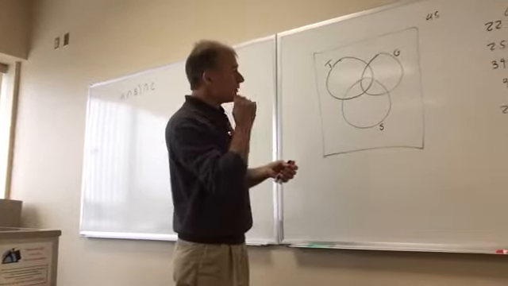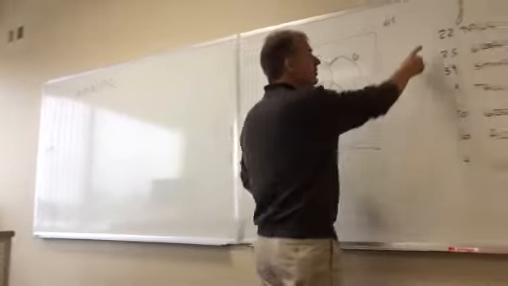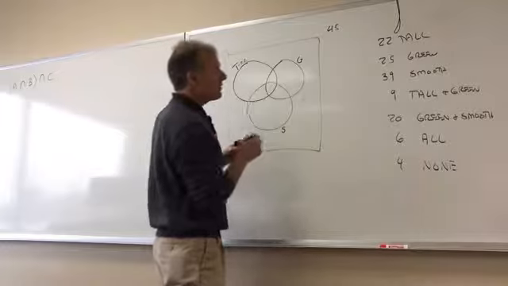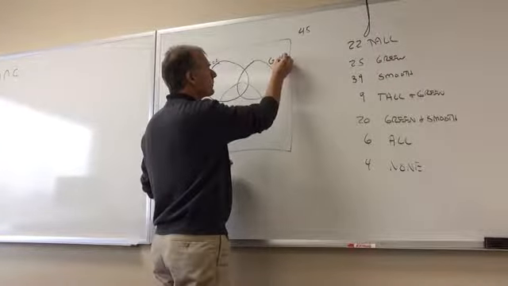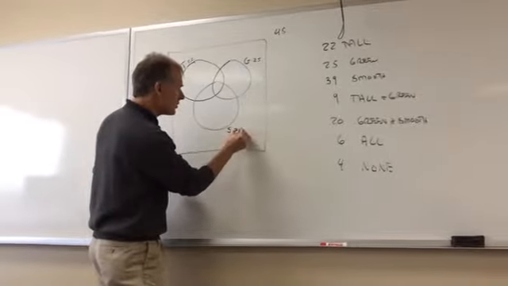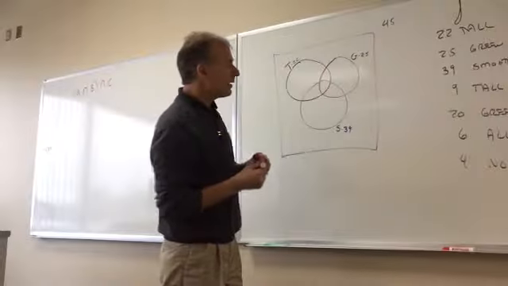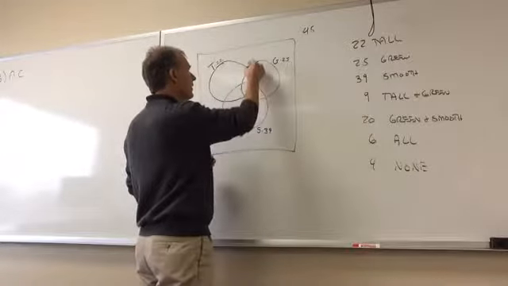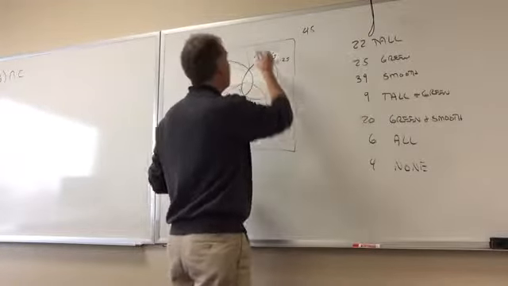Okay, so let's just try to fill it all in, okay? So 22 are tall. So I'm going to stick that out here because it is outside. 25 are green. Okay. 39 are smooth. So it's kind of nice they're giving us these numbers. Tall and green. So let's see here. So we're saying in this area here, tall and green is 9.